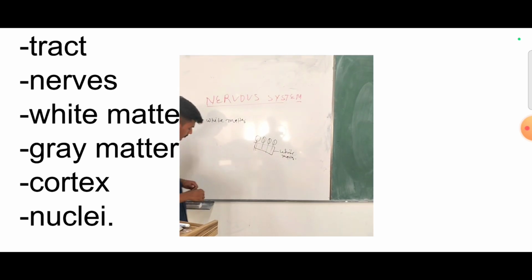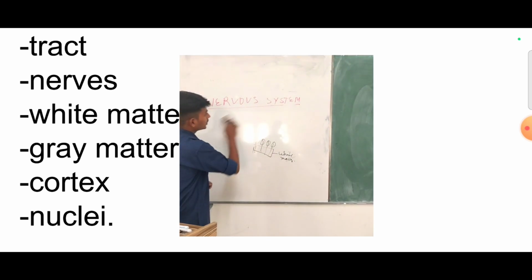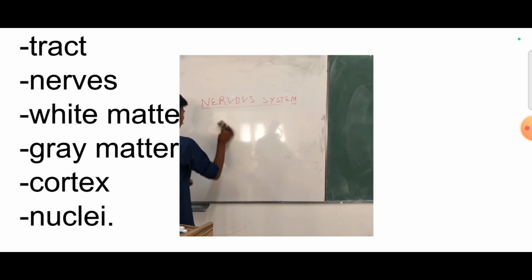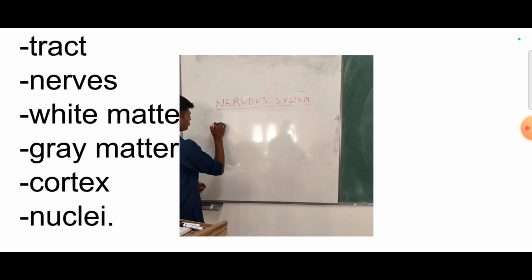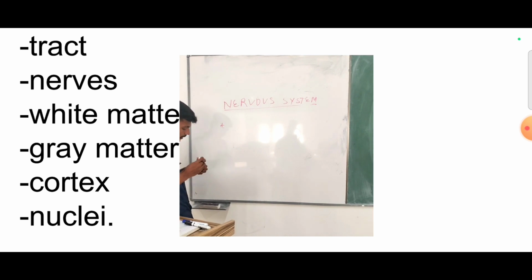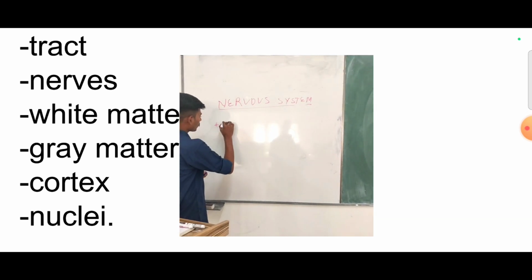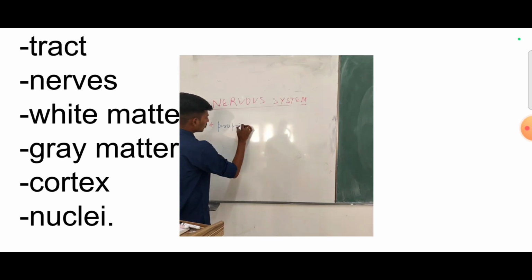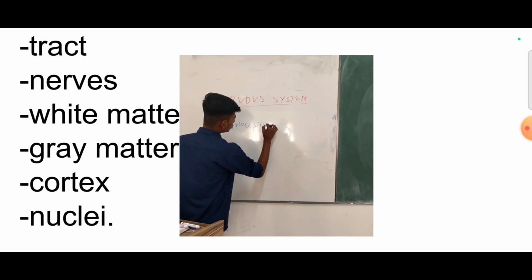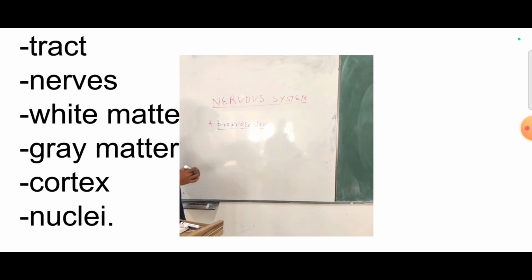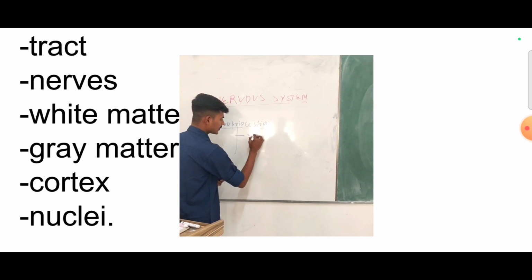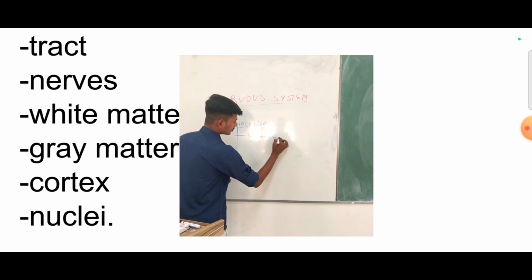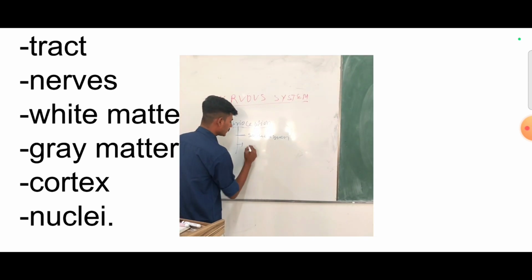Okay, now another term related with the central nervous system that you will come across frequently is proprioception. This term denotes the information that comes from the skeletal system, or another word, the locomotory system.